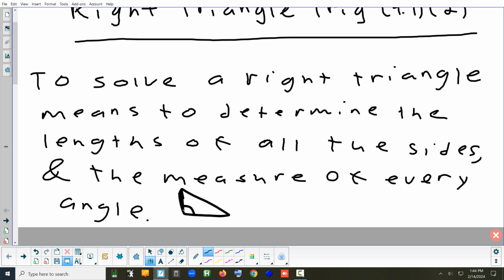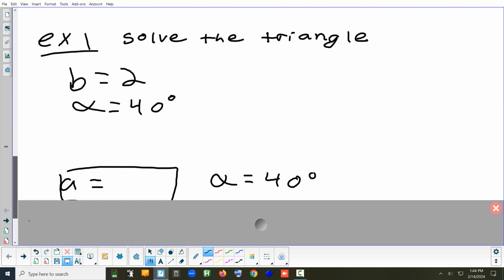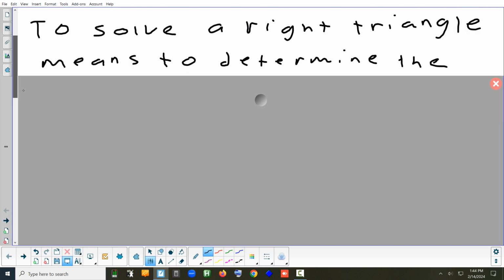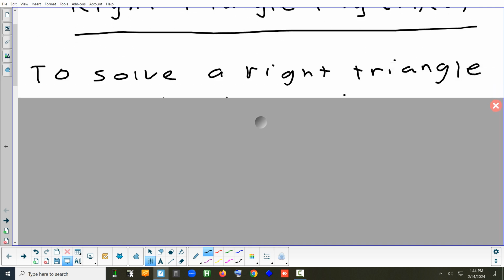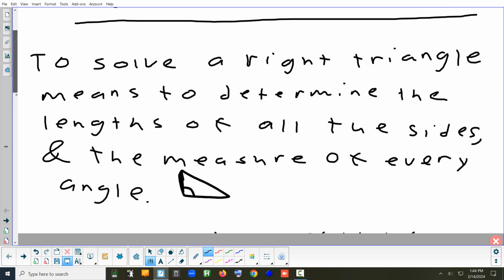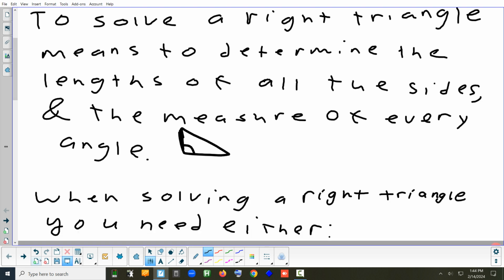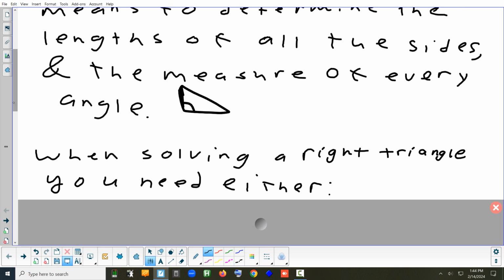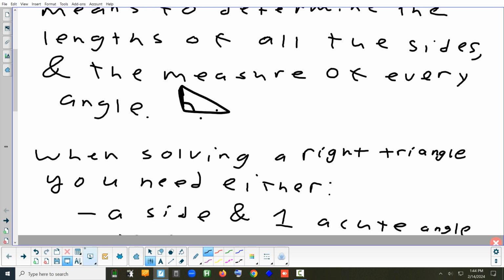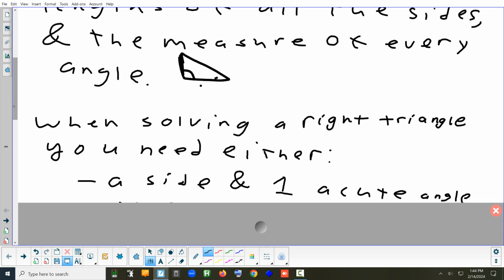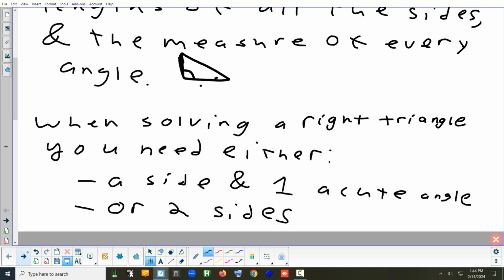So to solve that, I need to give you 2 more pieces of information. I can either give you one of the angles and one of the sides. Doesn't matter which one, just one of the other angles and one of the other sides. Or I can just give you 2 sides.